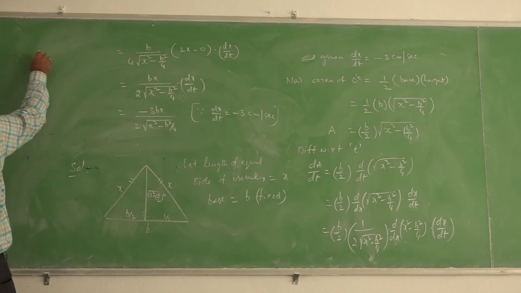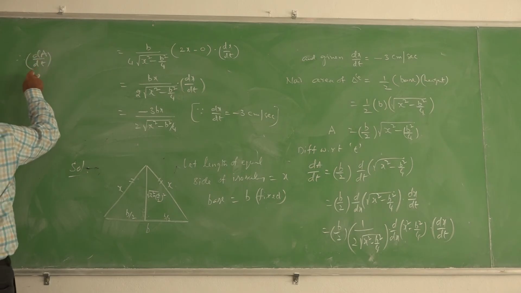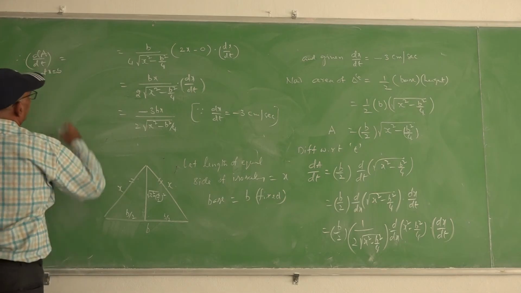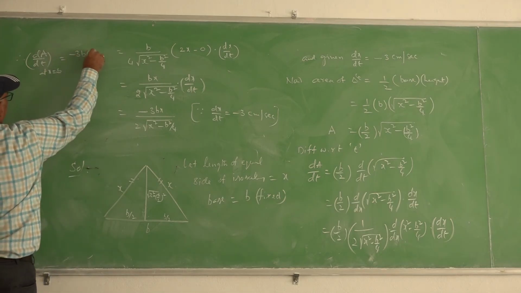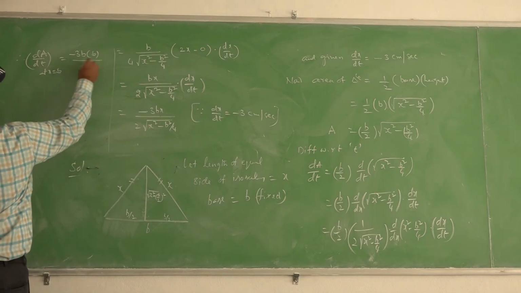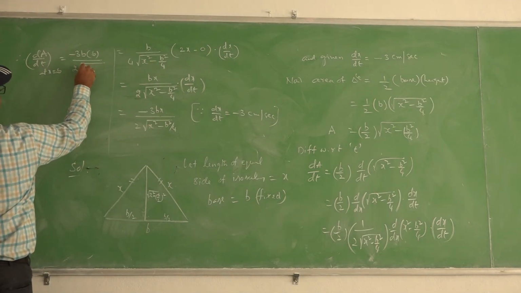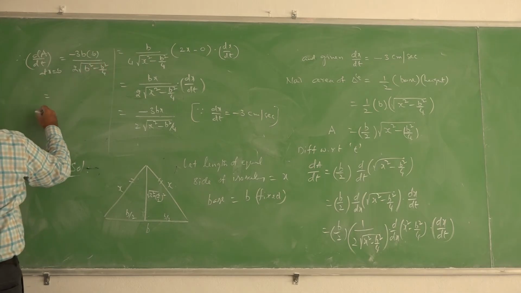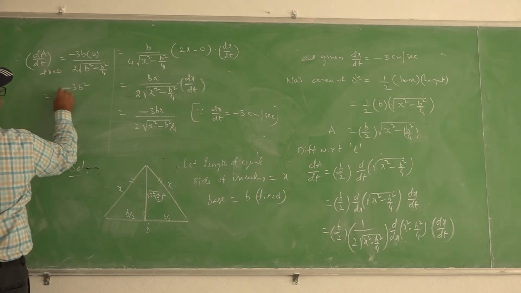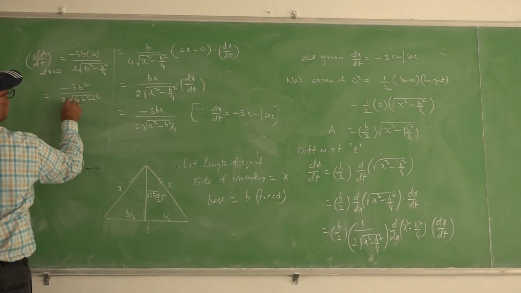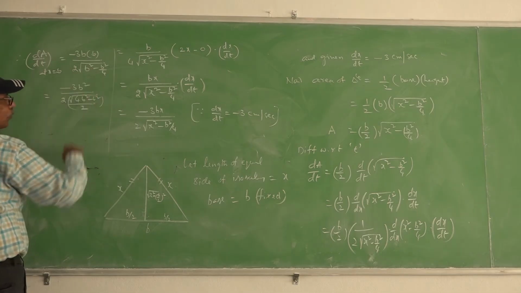So, dA by dt, the rate of change of A with respect to t at x equal to b is minus 3b into b, replacing x with b, by 2 into square root of b square minus b square by 4, which is minus 3b square by 2 into root of 4b square minus b square by 4.